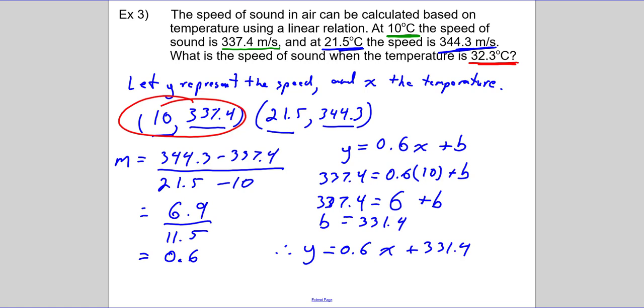Because now that I have an equation of the line, I can solve for any sort of follow-up question. And that's what they gave us up here. We've been asked to figure out, what is the speed, what is y, if the temperature is 32.3? So let me just get a little more space on my page here.